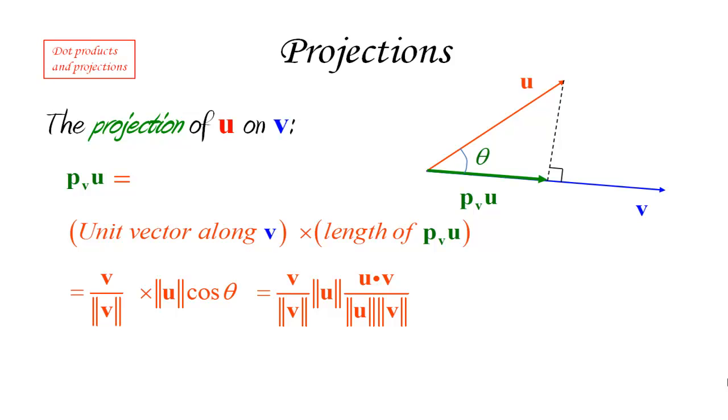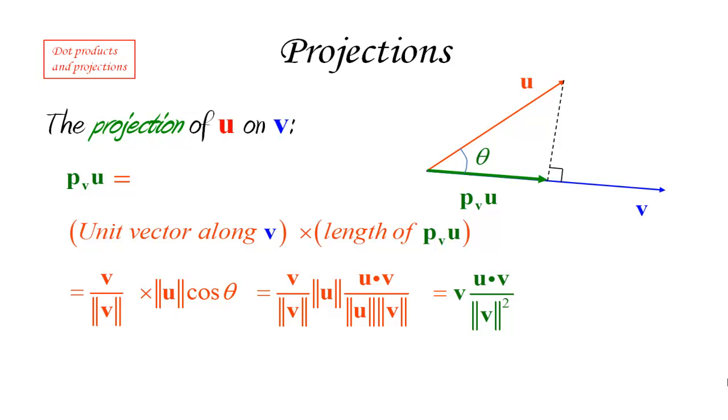Then the length of u is still there, and then cosine of theta is u dot v divided by length of u times length of v. Now notice that we can cancel the two lengths of u, and we end up with simply v, the vector v, which gives us the direction. Then u dot v stays there, and then we have two lengths of v in the denominator, and they multiply together to make a length of v squared.